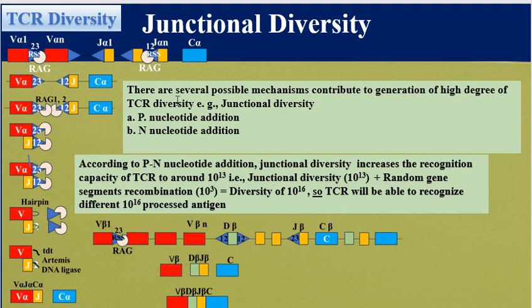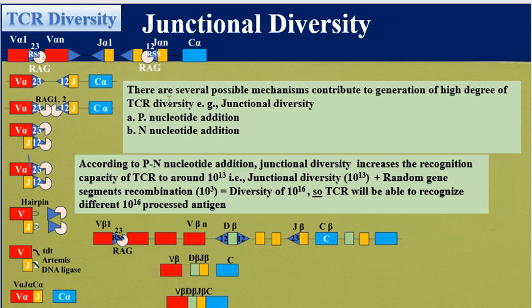So there are several possible mechanisms that contribute to the generation of a high degree of TCR diversity. For example, junctional diversity, and as I mentioned, it is due to P and N nucleotide addition.